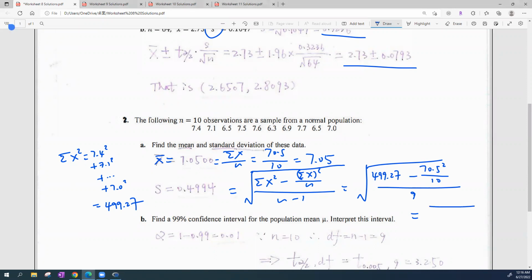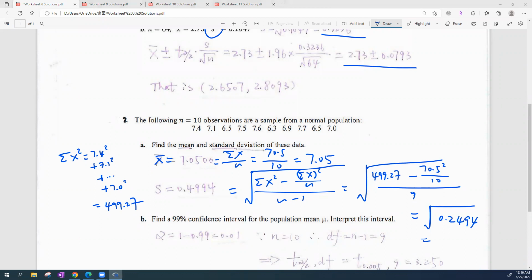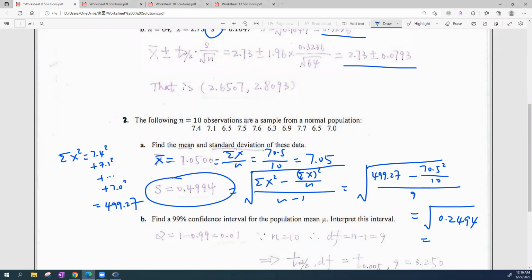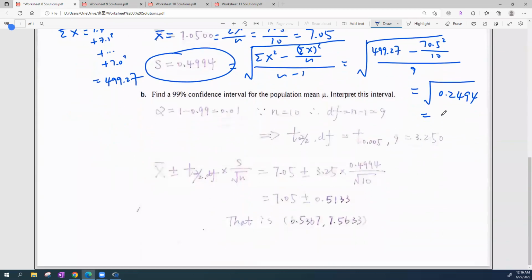That is the square root of 0.2494. Taking the square root of that, we get 0.4994, the standard deviation.